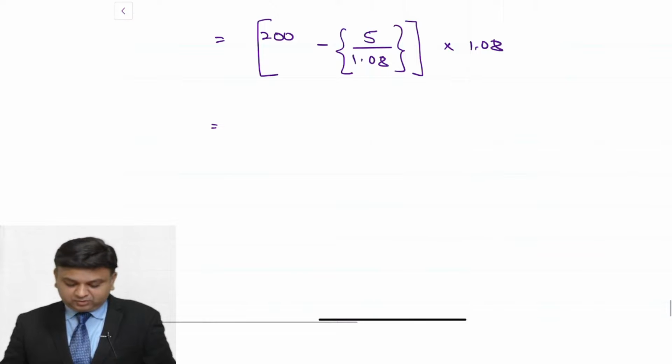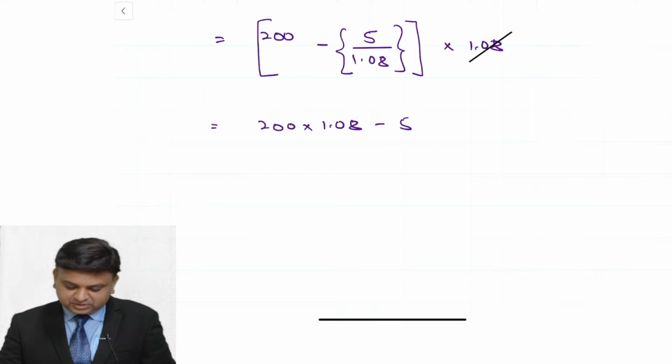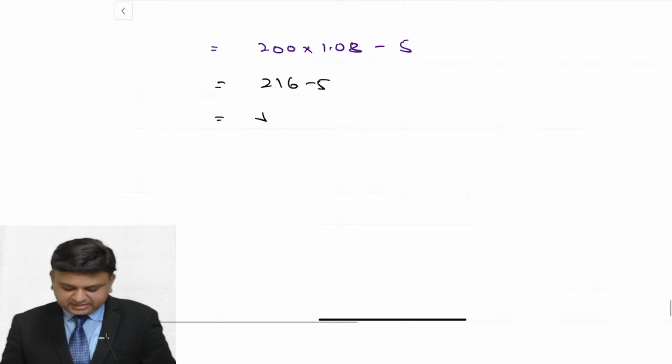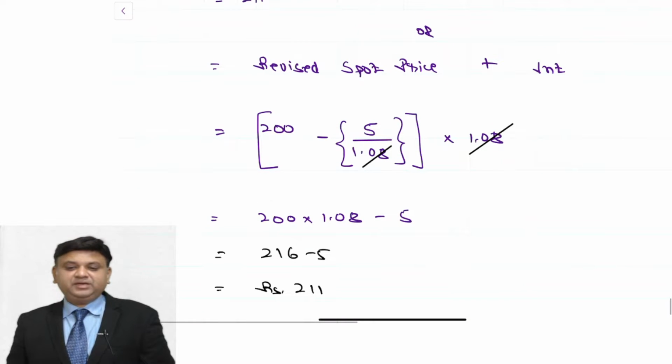So it is 200 into 1.08 minus 5, because this 1.08 will be cancelled against this 1.08. So it is 216 minus 5, that comes to rupees 211. This is the way we can compute the answer.